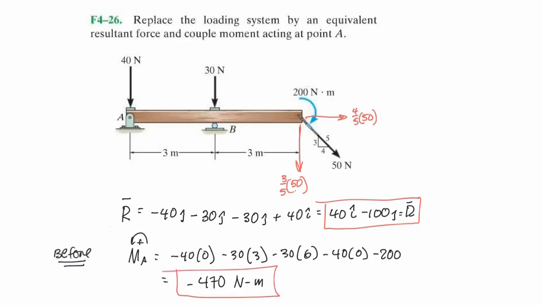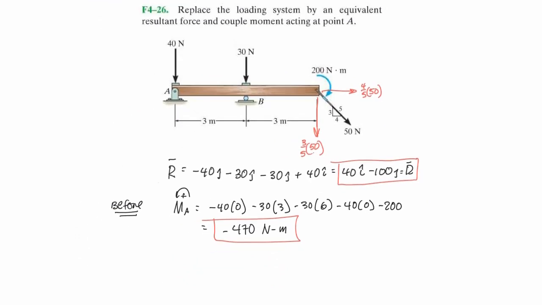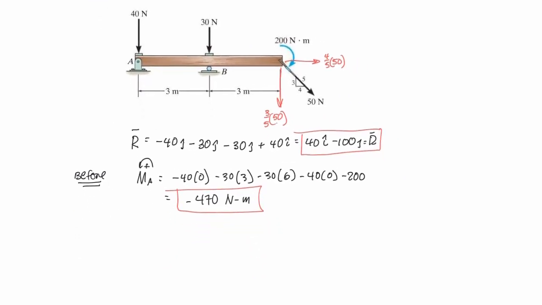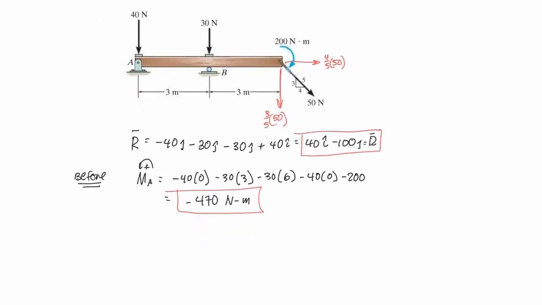Okay, how do I replace that with an equivalent force couple system at A? Let's go ahead and move this up just a little bit. Okay. So what I want to redo or draw is this system again. So I'll draw it like this. And what I want to do is say that I'm going to replace this point A with this force. I'll say that it looks like that.